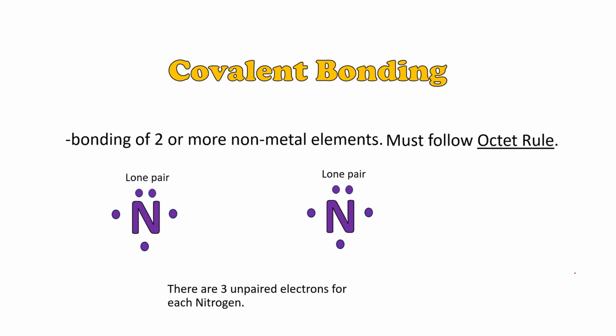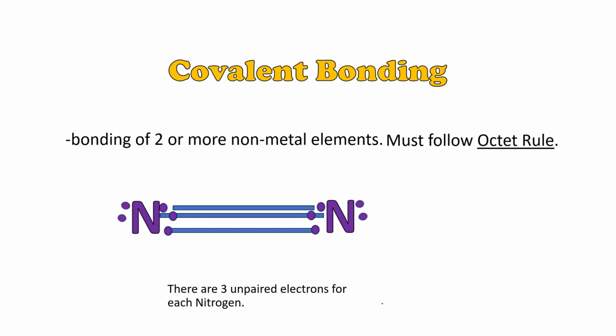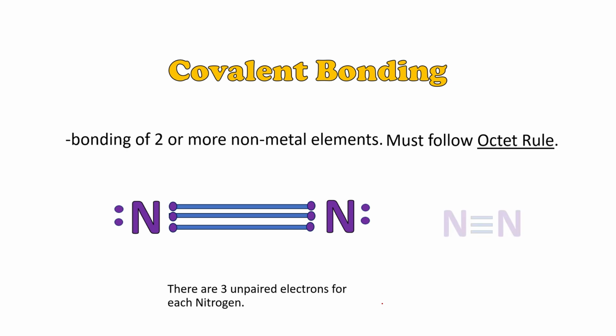There are three unpaired electrons for each nitrogen. So each electron, of course, will be shared with each other. And if we rearrange the format, it will become like this. And to make it a much simpler structural formula, it will be like this.